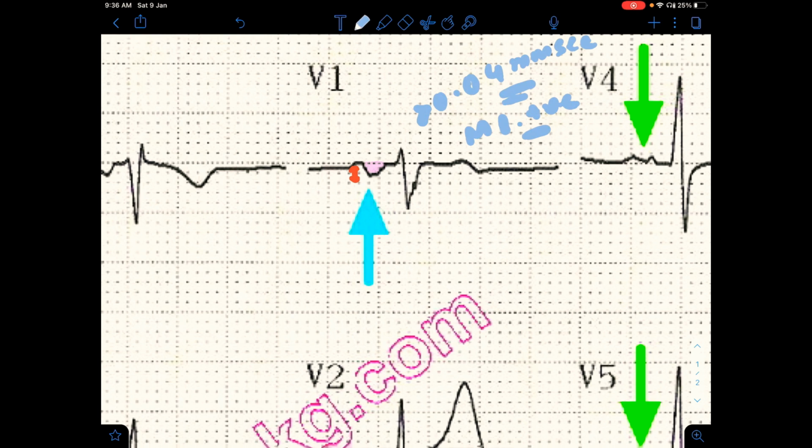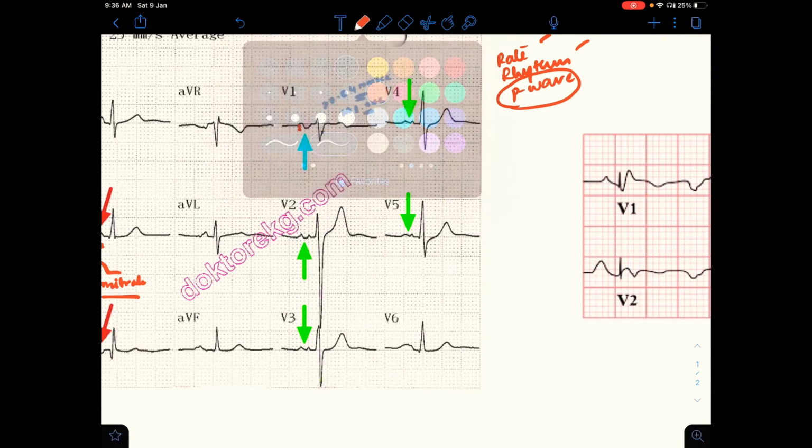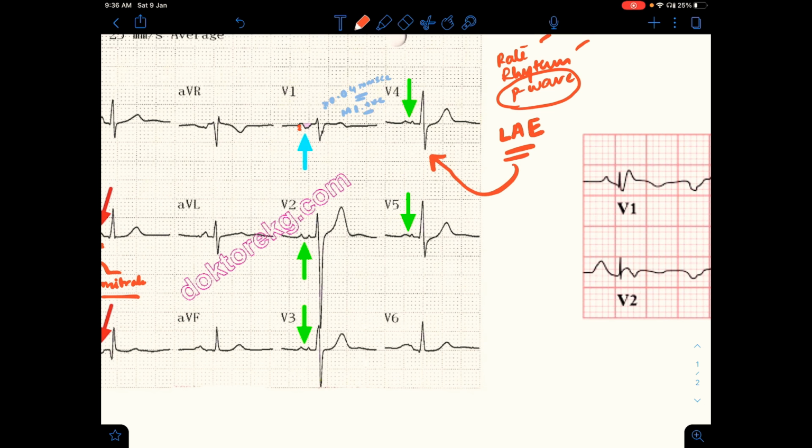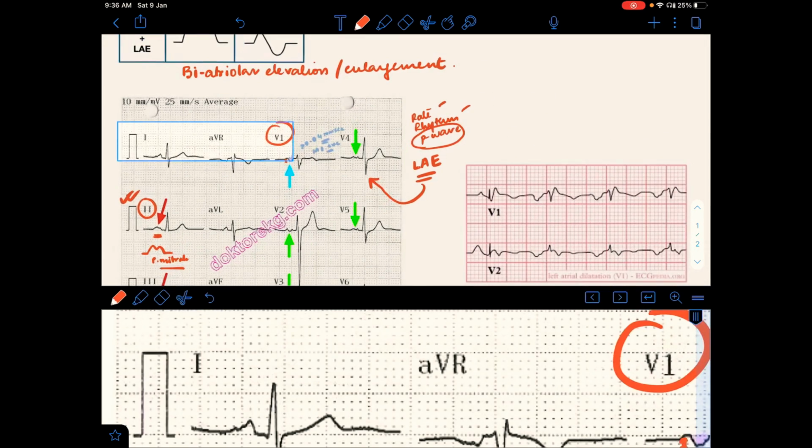It is more than 0.04 here, so it's Morris index positive. So we come to the diagnosis of left atrial enlargement, by checking only two leads, V1 and 2. The rest of the leads are not required here.